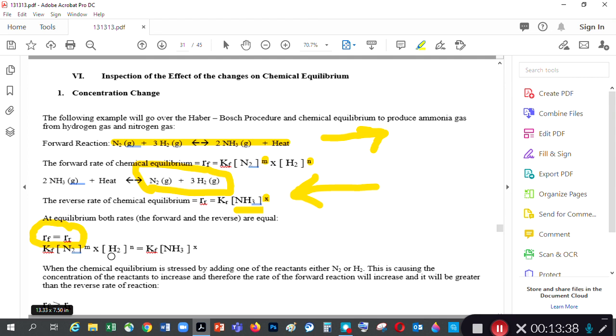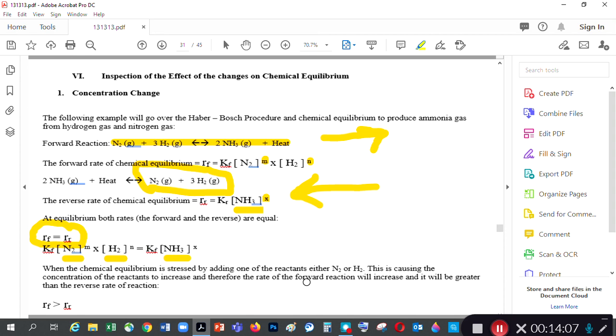If you stress one side or the other, that will affect the reactant concentration or the product concentration. For example, when the chemical equilibrium is stressed by adding one of the reactants, either nitrogen or hydrogen, this will lead to an increase of the reactant's concentration.